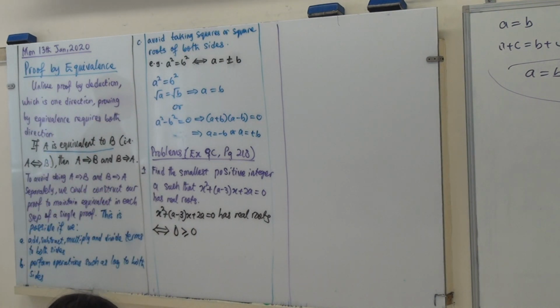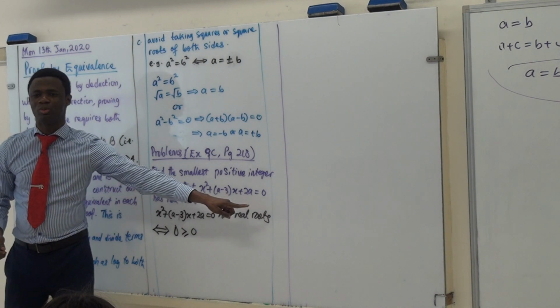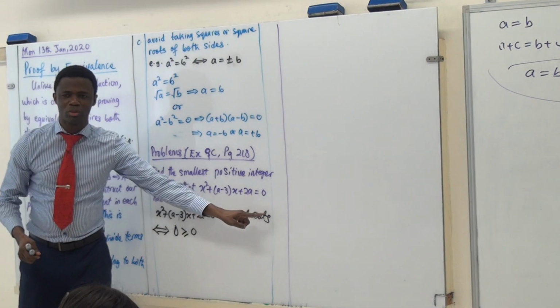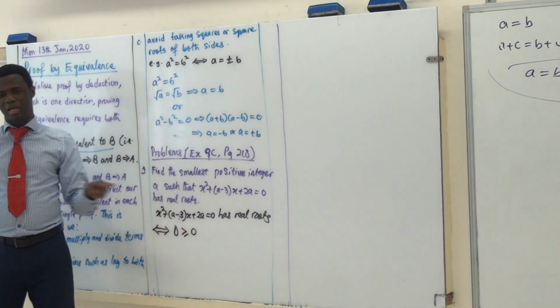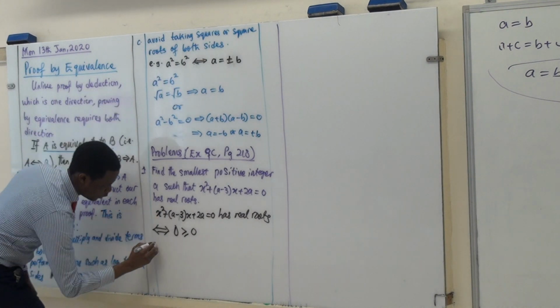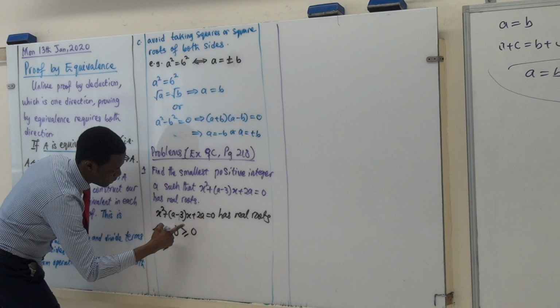Do you get my point? If the discriminant is greater than or equal to 0, this statement is true. If this statement is true, the discriminant is greater than or equal to 0. That is where the equivalence comes in. Does that make sense?